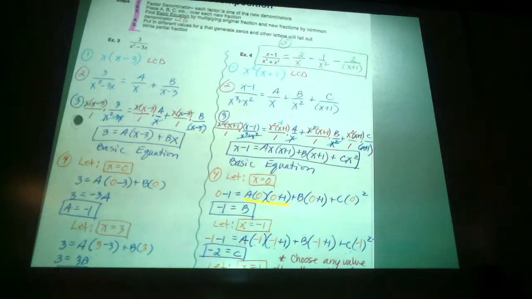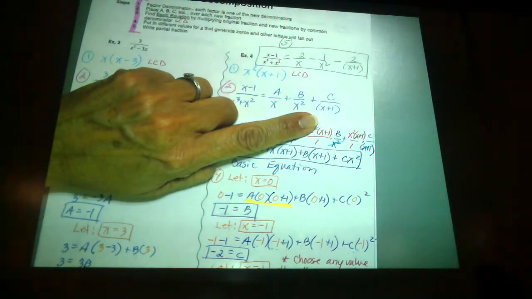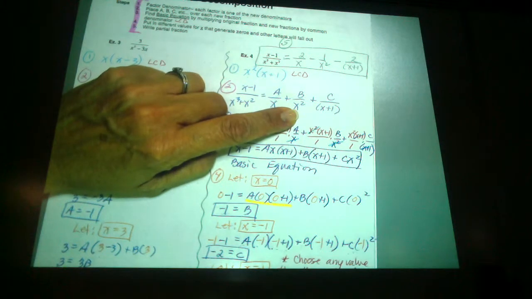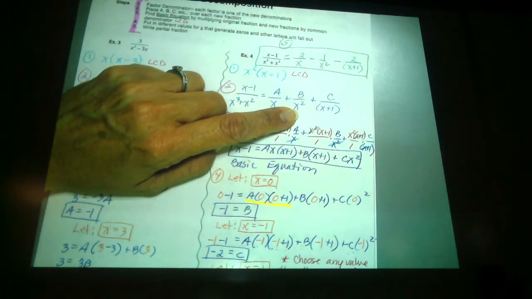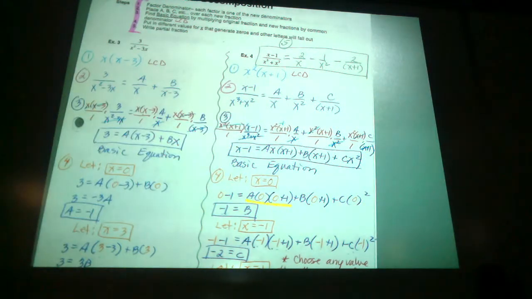Now let me caution you on something. Is it possible that I could have put a over x plus 1 and c over x squared? Is it possible? Yes. So it's possible to put your denominators in a different order. That's okay.